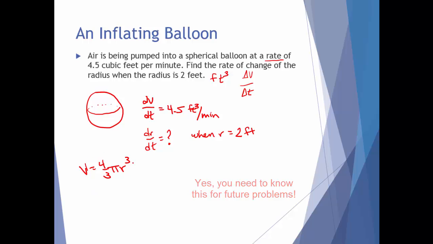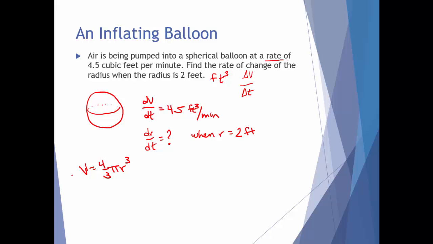So notice that's the relationship between V and r, but now what I need is the relationship between dV/dt and dr/dt. So that means I'm going to need to take the derivative of this equation with respect to time, because both of these quantities are changing with respect to time. V is a function of time and r is a function of time.